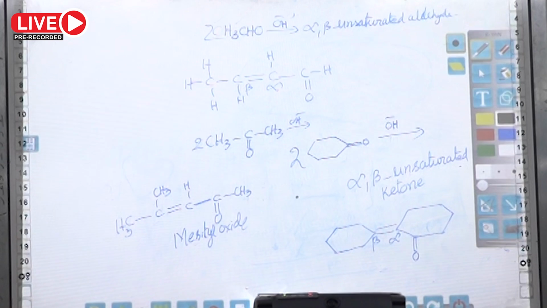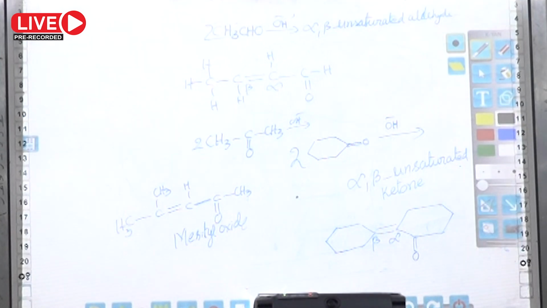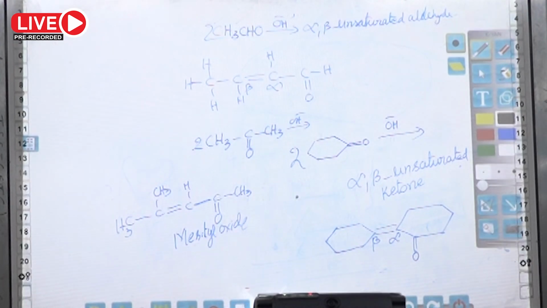Next. Zirconium, hafnium, lanthanide contraction, similar atomic radii, we discussed. No need of this. 66. Delta H is equal to bond energies of reactants minus bond energies of products. Write that formula.